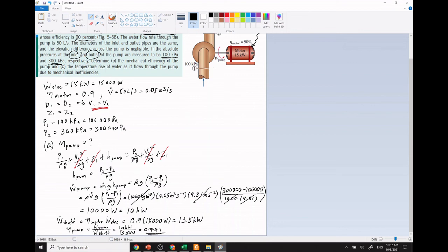So that's the mechanical efficiency of the pump.